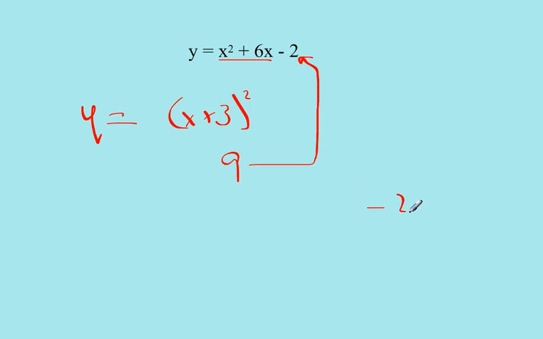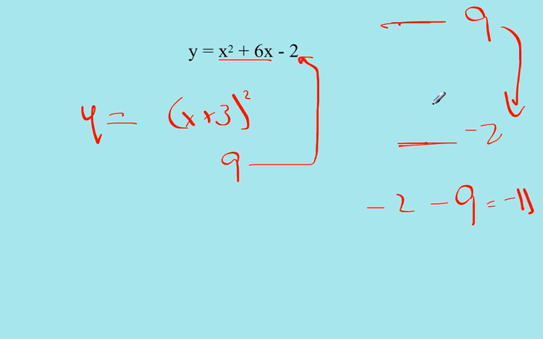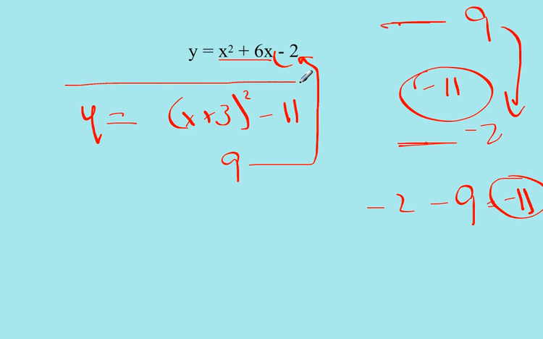Algebraically, you could just do -2 minus 9 to get the answer. Or you can just think in your head, if I'm at 9 now, way up high here, I need to get down to -2 down here. I need to go down 11 spots. So I'm just going to go minus 11. Whether you take this number minus that number to come up with the difference, or you do it in your head, that's fine too.